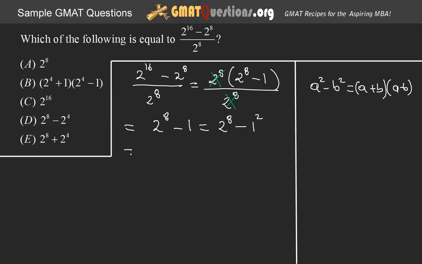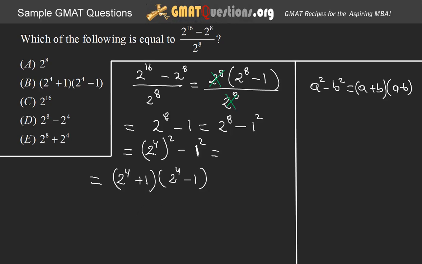Before I do this, for some of you, 2^8 is (2^4) squared, minus 1 squared. So now, clearly, I'm going to write here (2^4 + 1) times (2^4 − 1).